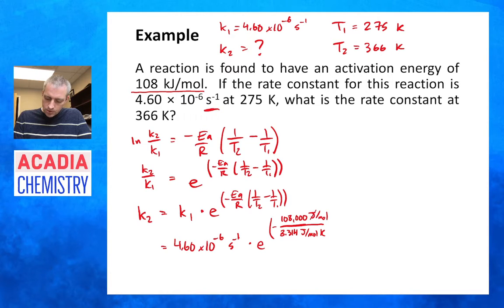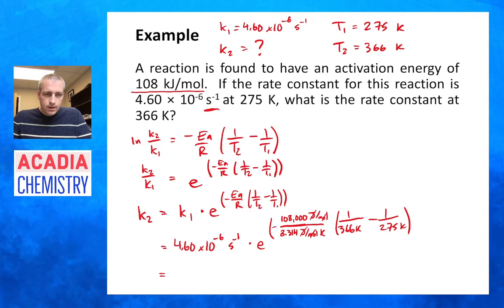And you see the joules per mole cancels with joules per mole, and we're left with 1 over K on the bottom, times 1 over T2 minus 1 over T1, in K.